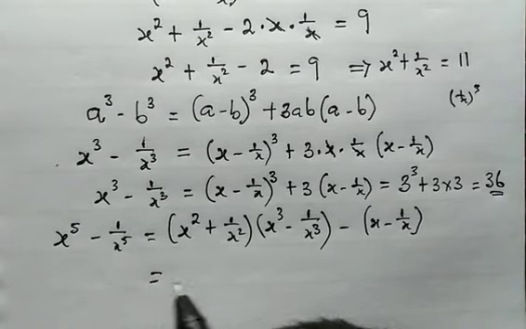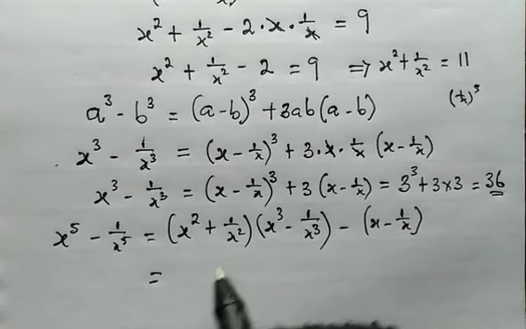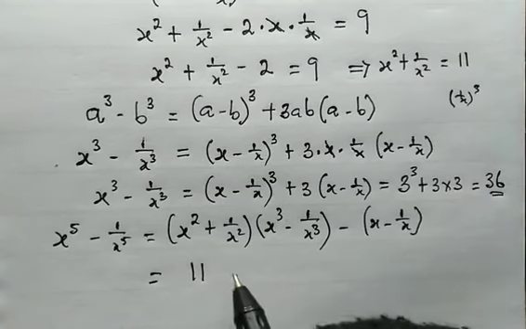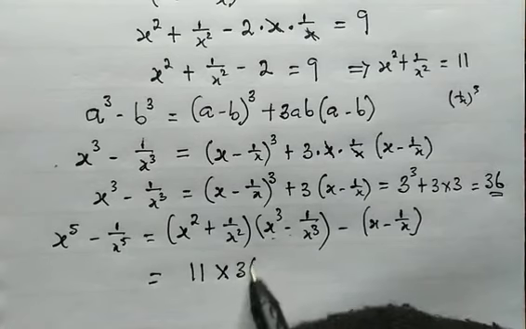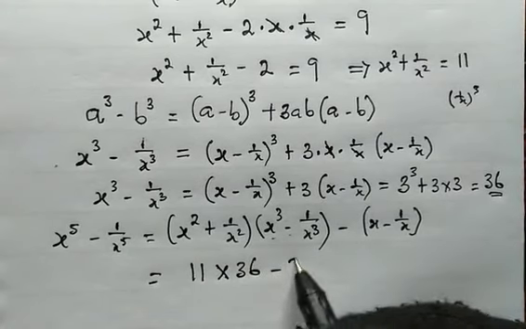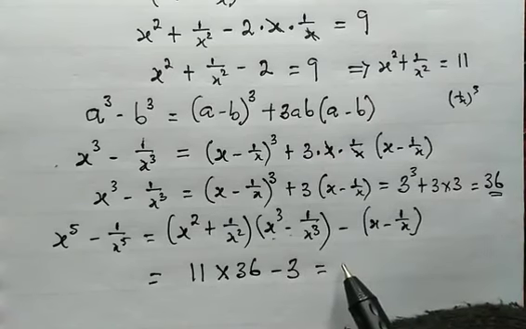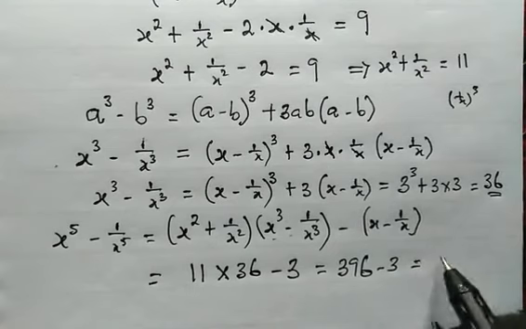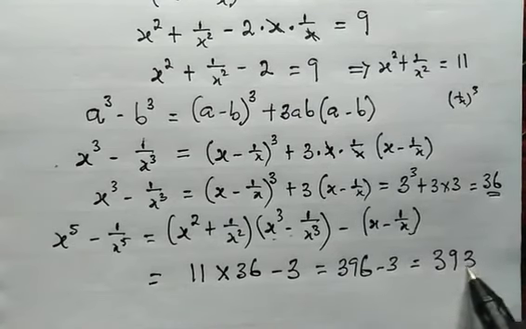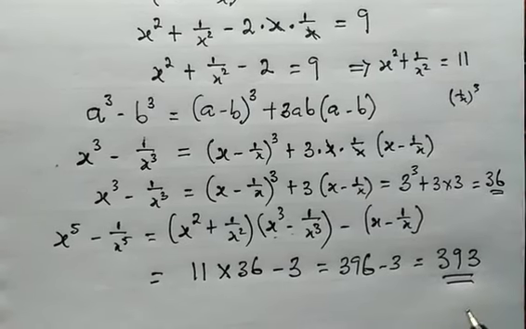So from here, putting in the values, x squared plus 1 over x squared is equal to 11, right? Then multiply by the value for this, which is 36, and here we subtract the value of this, which is 3. From here, we get 396 minus 3, which will give us 393. And this is the right answer.